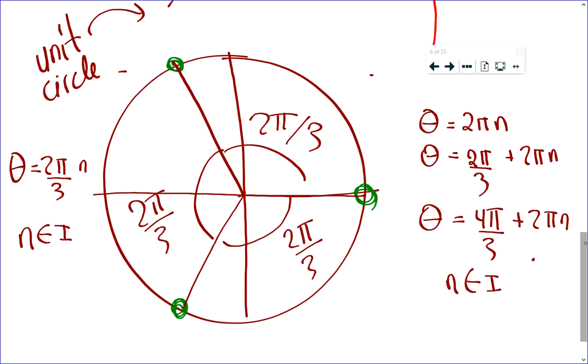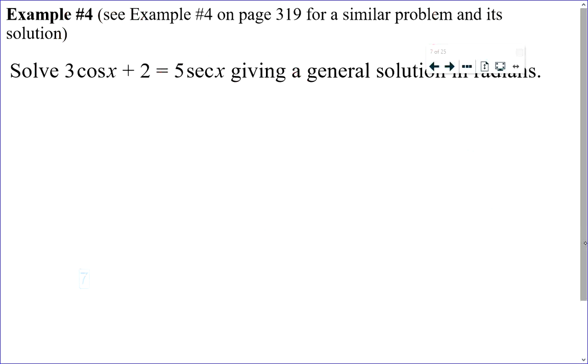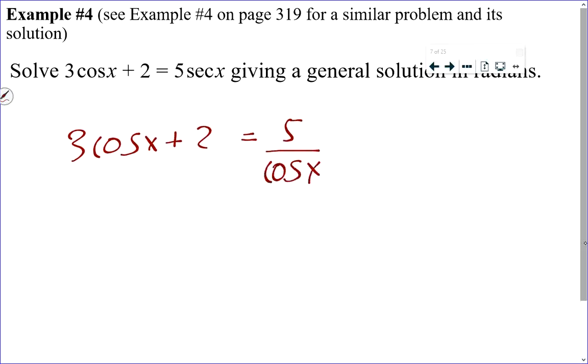All right, we have one last example to do. 3 cos x plus 2 equals 5 secant of x. Well, I hope it's obvious. It might not be. I think our first line of attack here is to get rid of the secant and replace it with cosine.